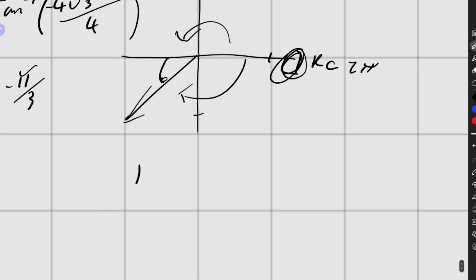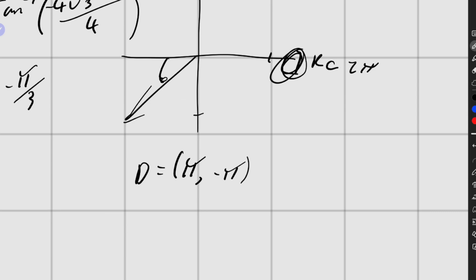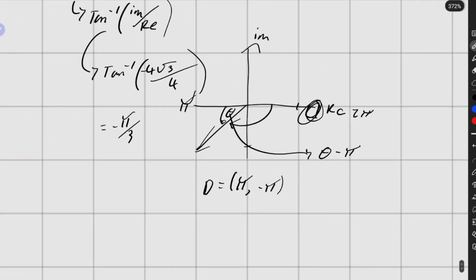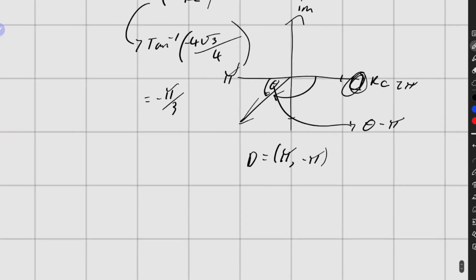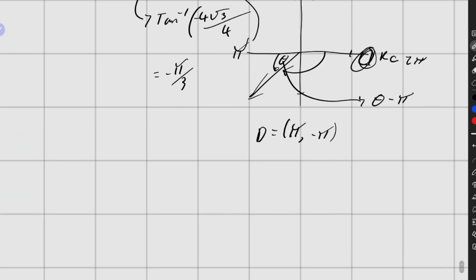Which leads me onto your domain, which is going to be minus pi to pi. So if you're given this angle here, you know this is pi here, and you want this angle, so theta minus pi is going to give this angle there. So make sure you know that and you've memorized it, because that's very important in the complex world. But this one is lucky. This one's nice and simple.